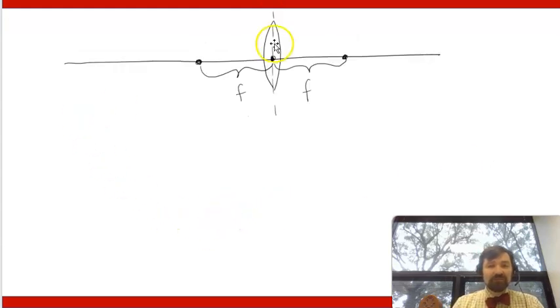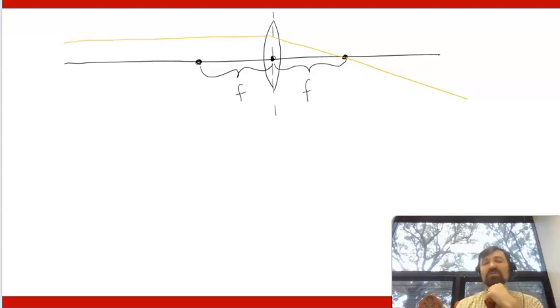The reason for this is that there's two things I want to be able to draw. The first is simply a diagram that shows what this focal length is supposed to represent. So if I have a ray of light that is traveling parallel to the principal axis and it interacts with the lens, then that ray of light should deflect so that it passes through the focal point.